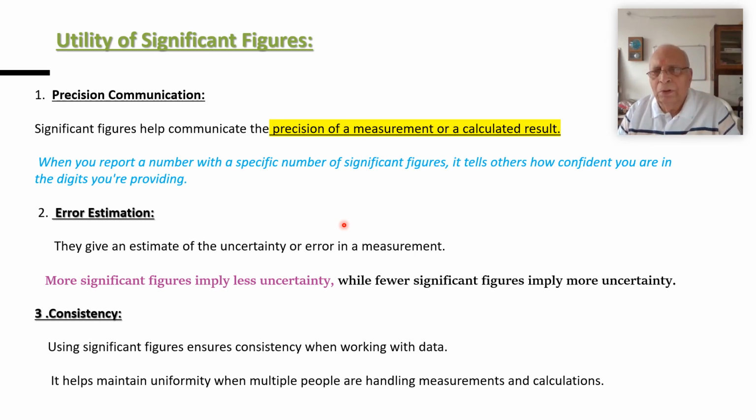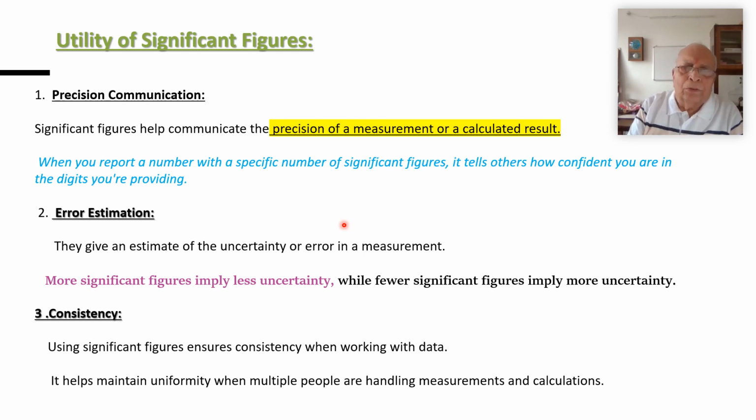Many times we are precise, and at the same time we might be close to the result. Accuracy: if the accepted value or the accurate value is known, we might be close to the accurate value and precise.